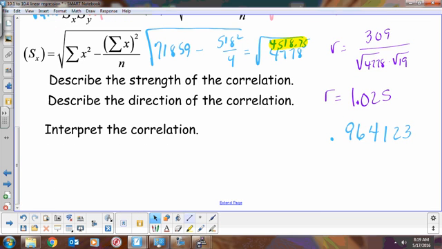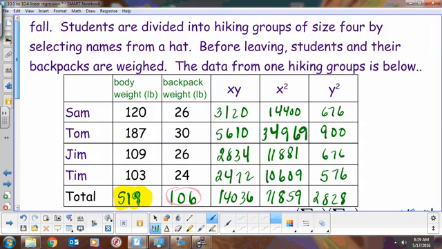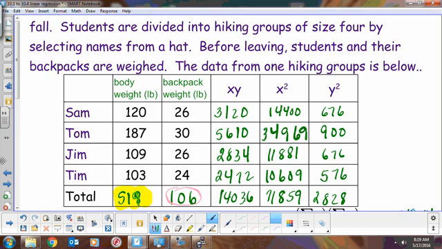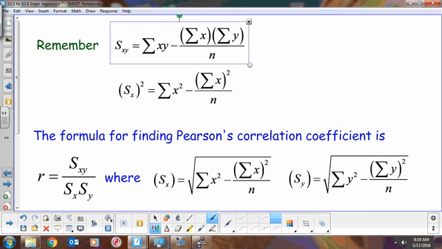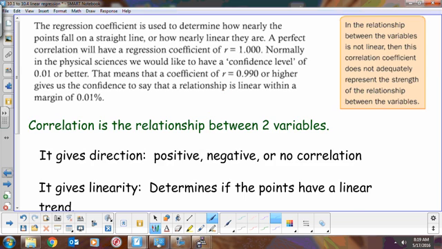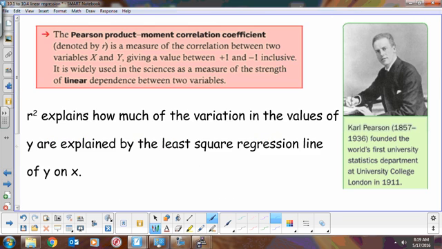What does this mean? This means that 96% of the behavior in Y's can be attributed or is linear or linked to your X's. So what do we have? Let's go back. Where did we start?